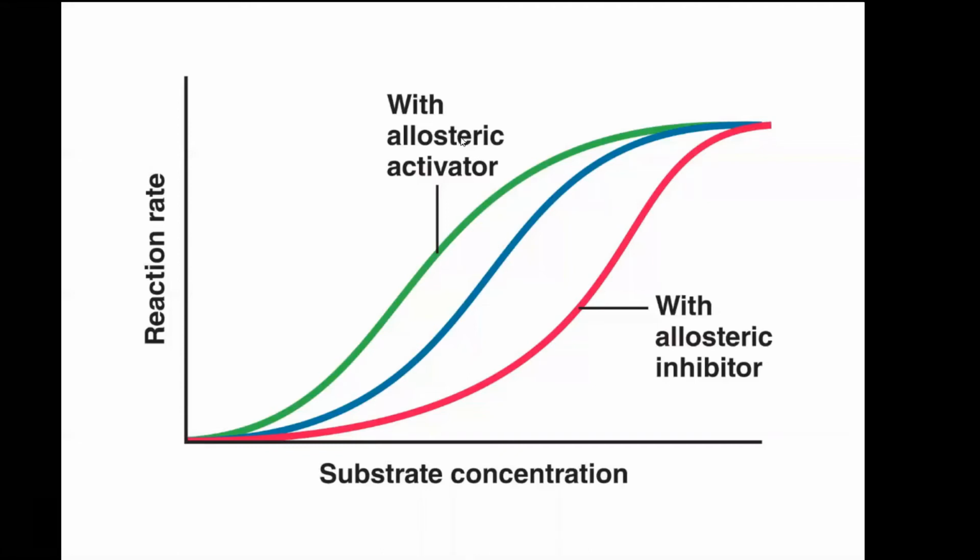With an allosteric activator, we don't need that much substrate to get a really good reaction going, because this allosteric activator has made that enzyme have higher affinity for that substrate. So this is how an allosteric inhibitor or activator can regulate the rate of a reaction. It changes the shape of the active site, which changes the affinity of the enzyme for the substrate.